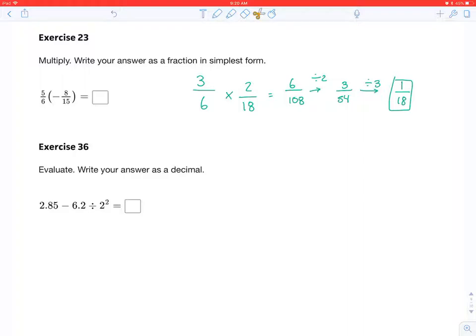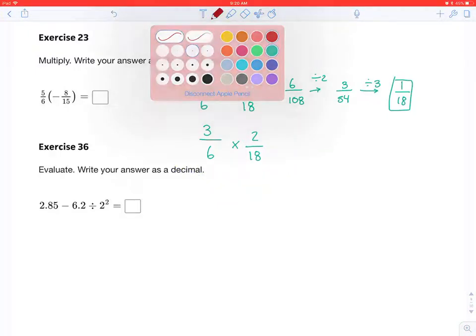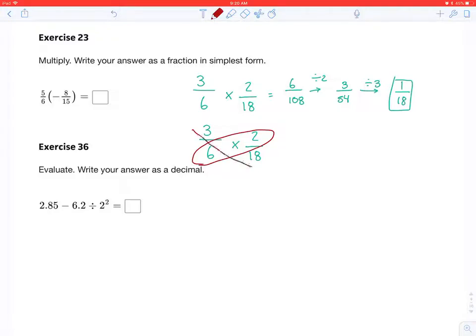But if I had done the butterfly effect, if I had decided to check to see if the diagonals can simplify, then this would go a lot faster, because 6 and 2, both of those can be divided by 2, and so my 2 would turn into a 1 and my 6 would turn into a 3.